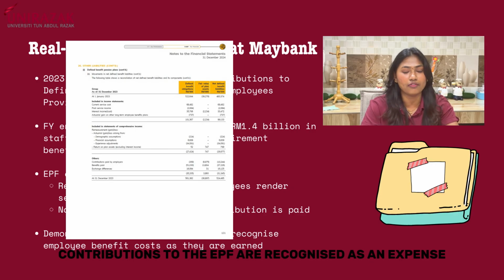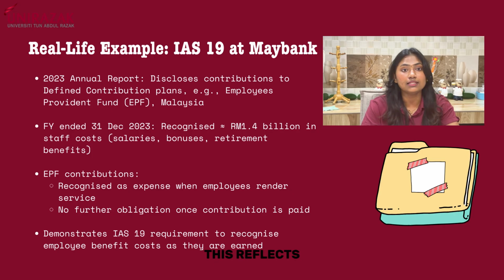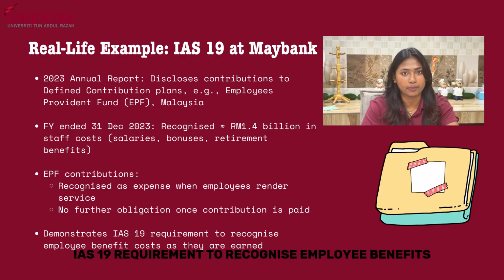Contributions to the EPF are recognized as an expense in profit or loss when employees render service, with no further obligation once the contribution is paid. This reflects the IAS 19 requirement to recognize employee benefit costs as they are earned by employees.